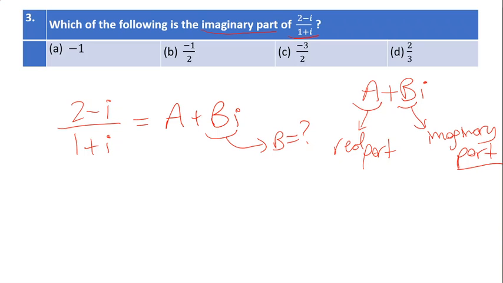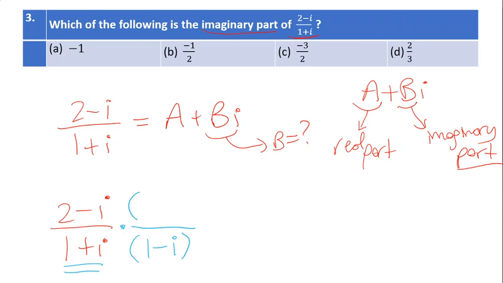To change a complex fraction into standard form, you have to multiply it by a fraction whose denominator is the conjugate of this one, and the numerator is the same. Mathematically, this whole thing is 1, so it doesn't change anything, but you have to multiply with the conjugate. A reminder: if it is minus, it will be plus. So minus to plus and plus to minus.